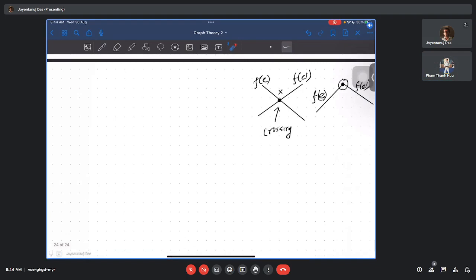So next we formally define the planar graph. When a graph is called planar, the crossing definition was needed.